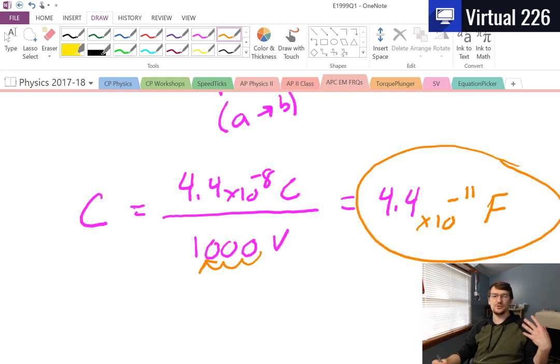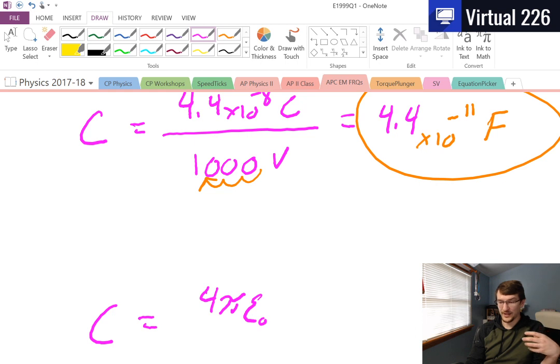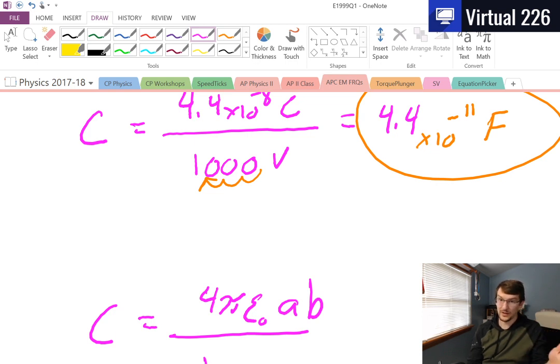There's another way. If you know the equation for a spherical capacitor, you could use that. I don't think at the high school level a lot of people teach that, but here it is. We're not going to go through a full-blown way of how to get it, but if you happen to know that the equation of a spherical capacitor is 4 pi epsilon naught radius A, radius B divided by radius of B minus radius of A, then way to go.